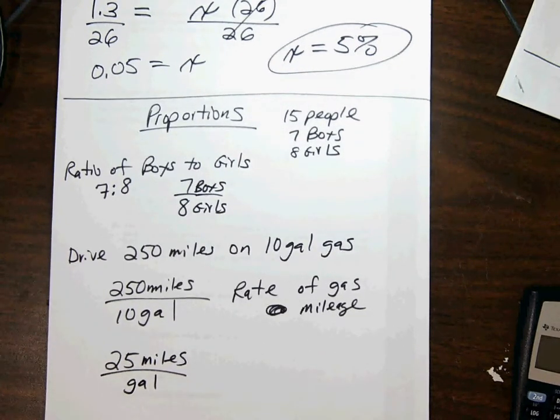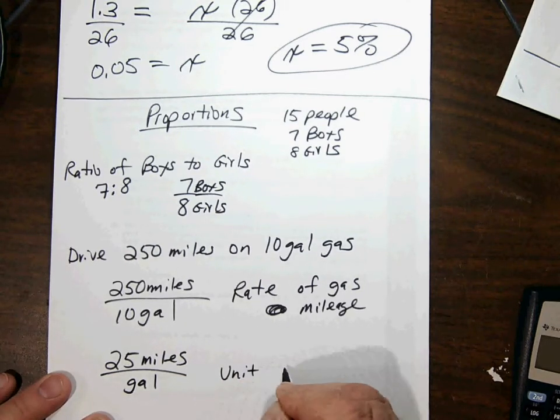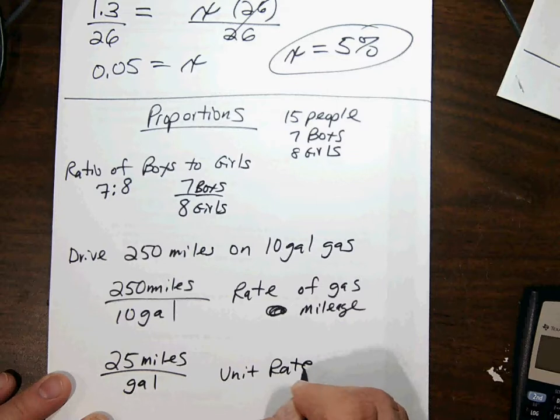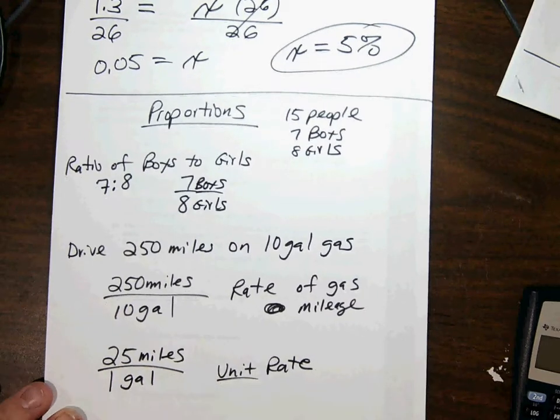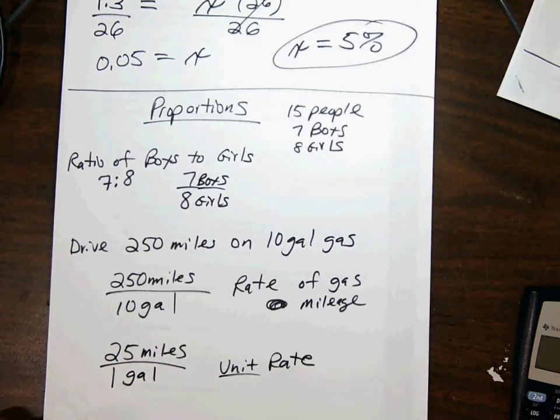That's going to be my unit rate. When we say the words unit rate, we mean there's a denominator of 1. You don't have to show the 1, but a denominator of 1 gives me what's called a unit rate between two things.